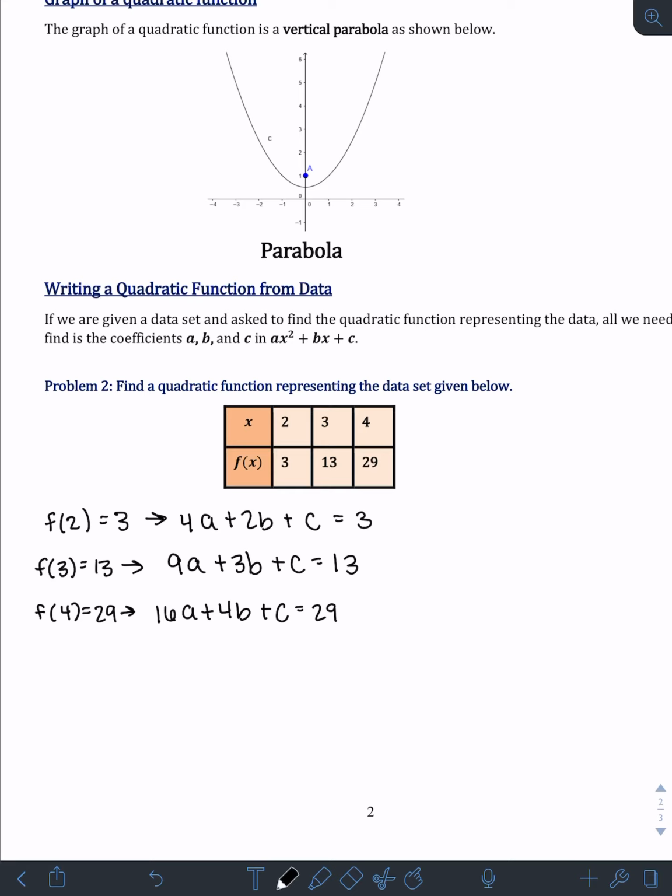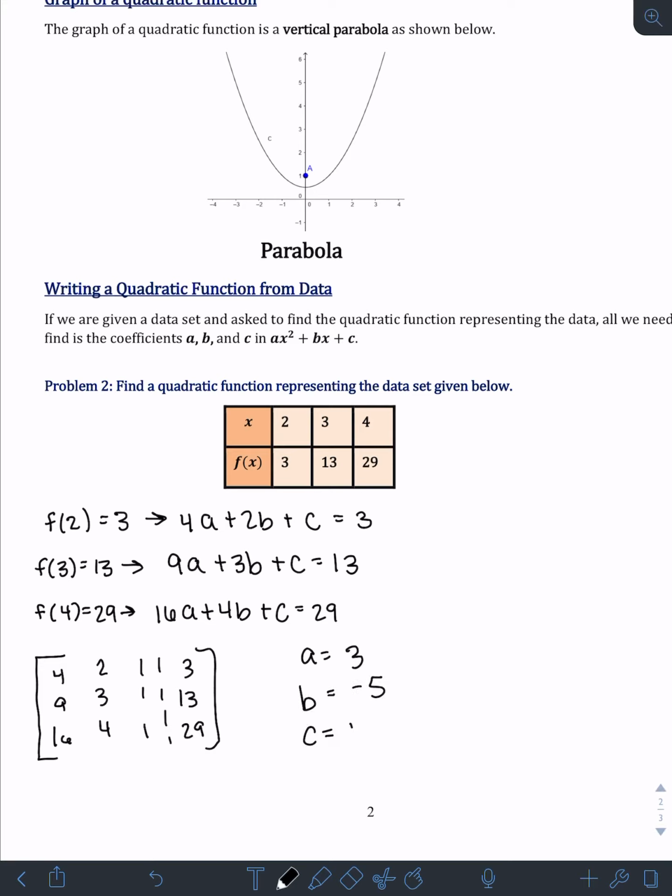We could use our matrix, which we talked about last time, and do 4, 9, 16, 2, 3, and 4, 1, 1, and 1, 3, 13, and 29. We could use that if we wanted. But when you solve them algebraically, you get a equals 3, b equals negative 5, and c equals 1.